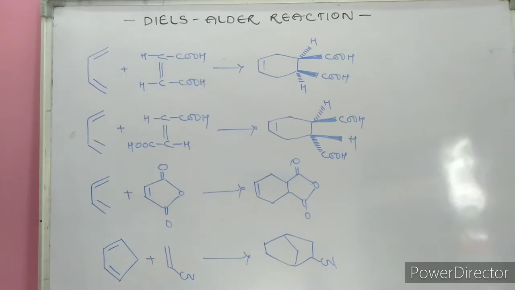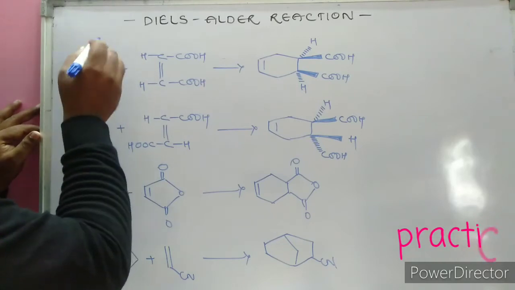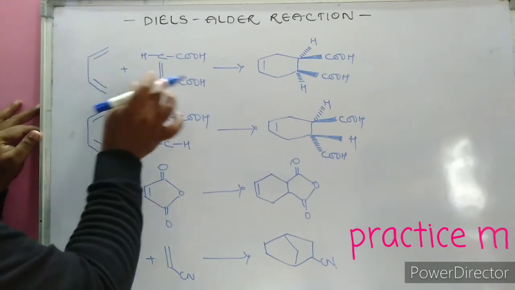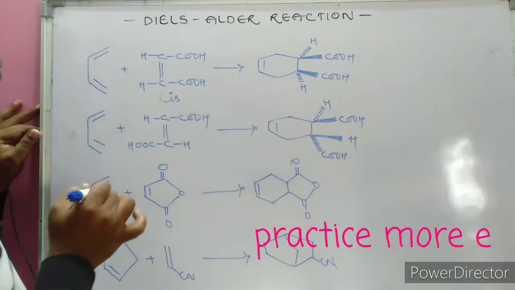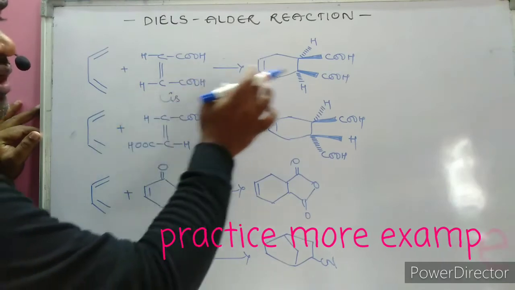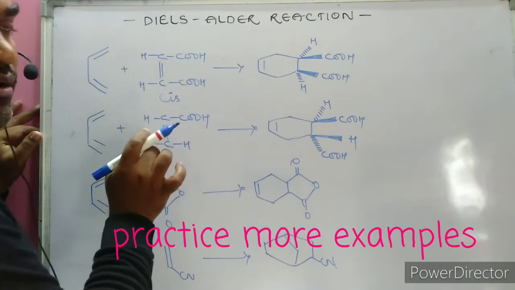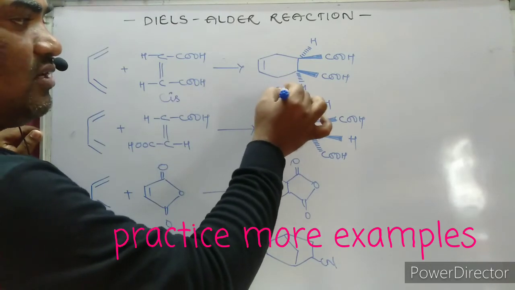Next, a few examples of the Diels-Alder reaction. In this example a diene is given and a dienophile is given, which is in the cis configuration. If the diene reacts with the dienophile to form an adduct, it is called a Diels-Alder reaction. If the cis configuration is there, then the formed product is also cis.